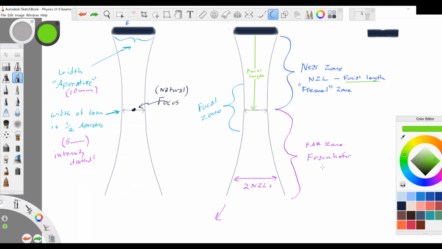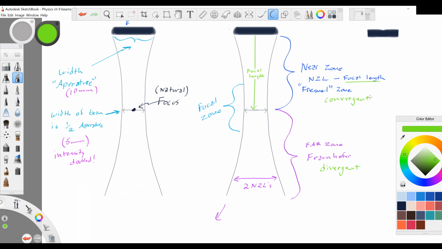Let's put this in. Divergent. Convergent.